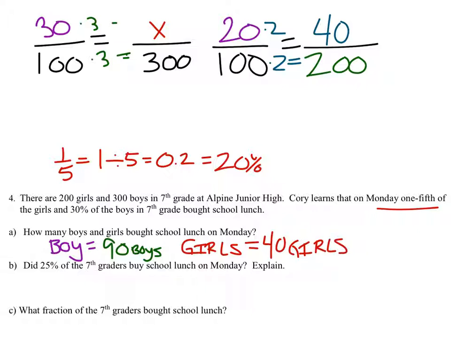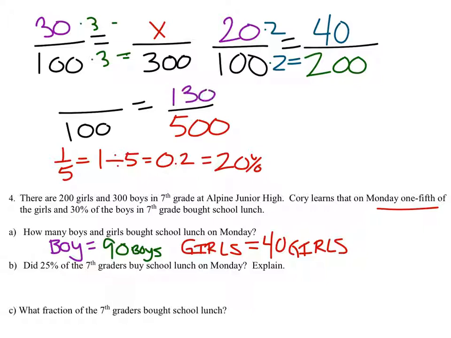All right. Did 25% of the 7th graders buy lunch on Monday? Let's find out what percentage of the 7th graders bought lunch. So if we got 100%, and then we know that there are 500 pupils in the 7th grade, and we had 90 plus 40, which means 130 people bought lunch on Monday.